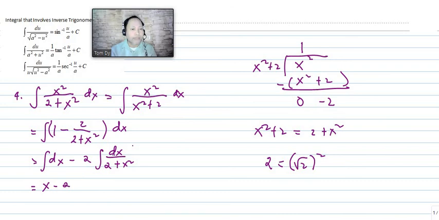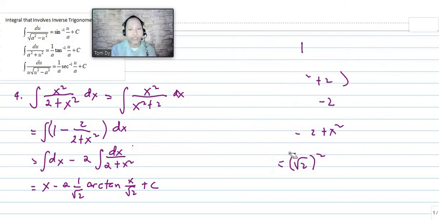And then this time, dx over 2 plus x squared is equivalent to 1 over a, our a is the square root of 2, and then arctan of u over a. So our u equals x, and our a equals the square root of 2, plus c. So that will be our final answer for that particular problem, number 4.